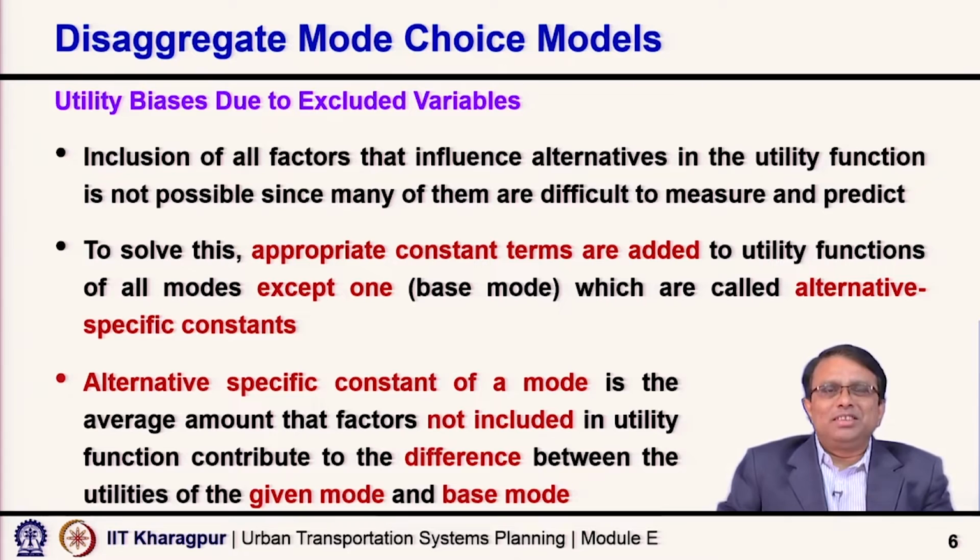Then here I would like to bring one slightly new dimension for you. We are talking here about utility biases due to excluded variables. What is that? Let us consider we are talking about different alternative modes of transport. Can you really consider every possible attribute in your model? We cannot, simply. There are many challenges.